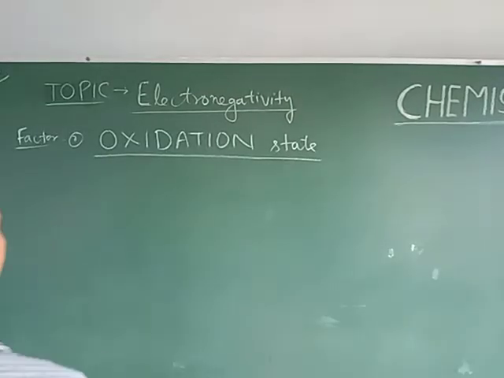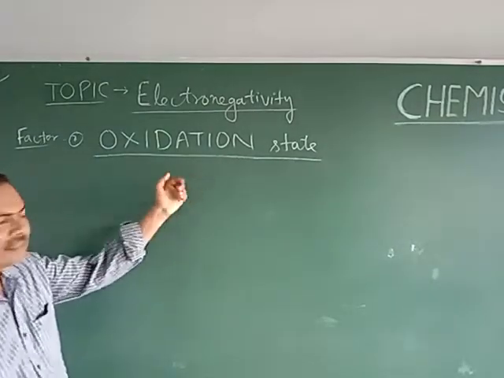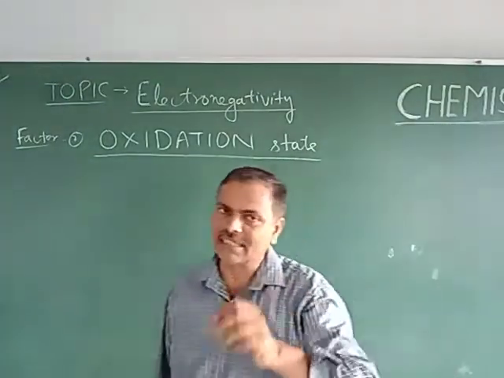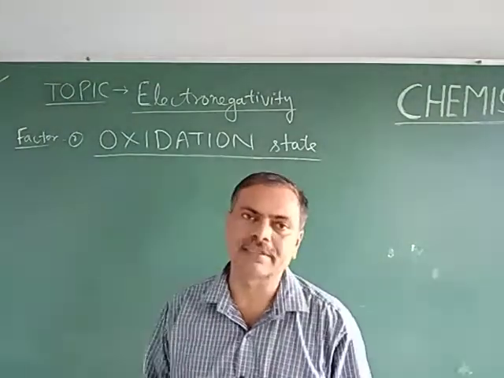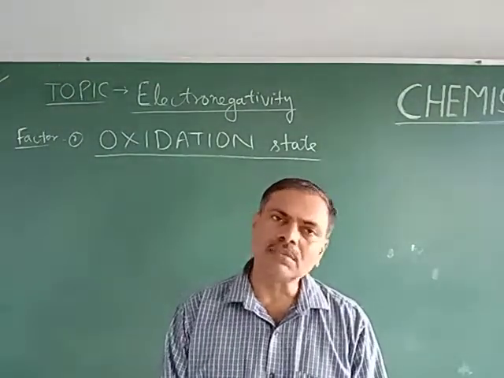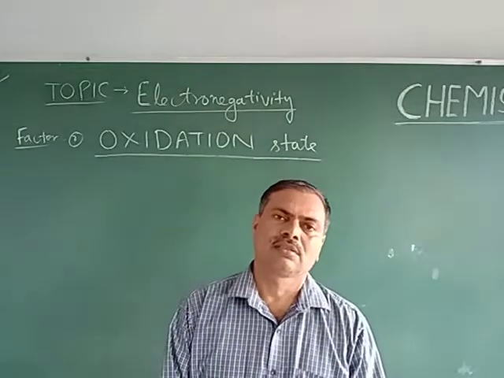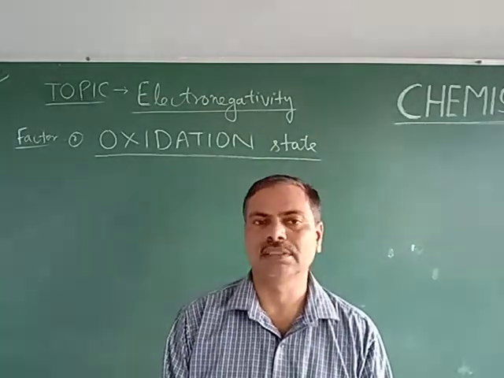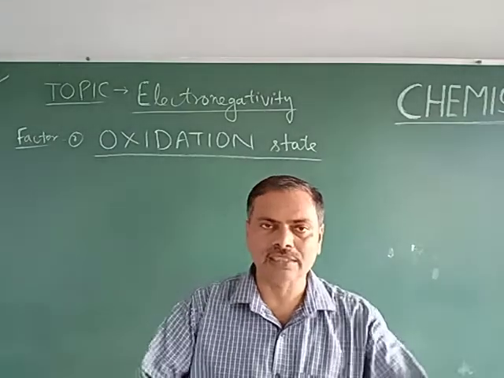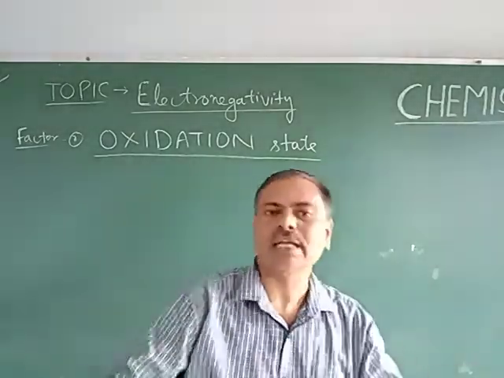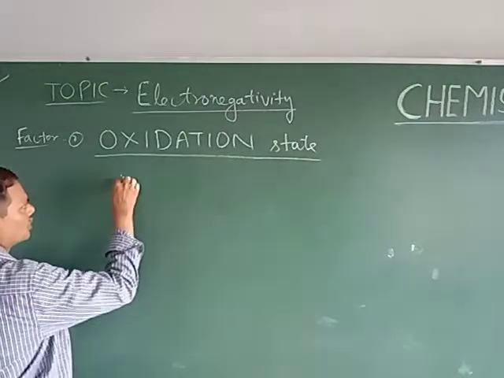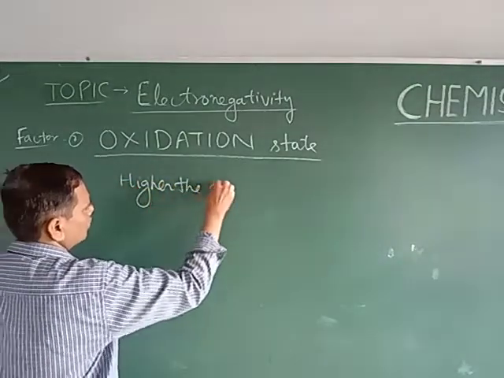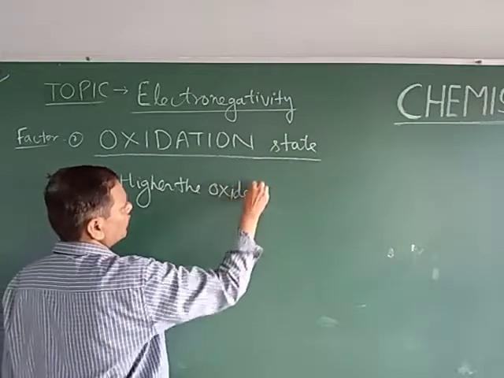The second factor which affects the electronegativity is oxidation state. The element which has higher oxidation state is more electronegative. I mean to say, higher the oxidation state, more its electronegativity.